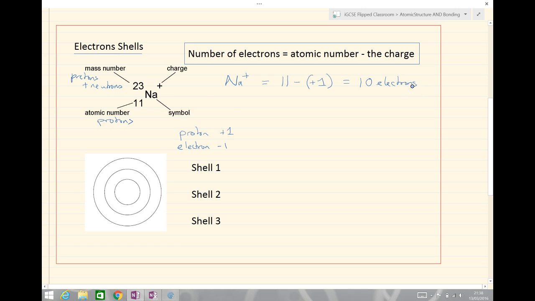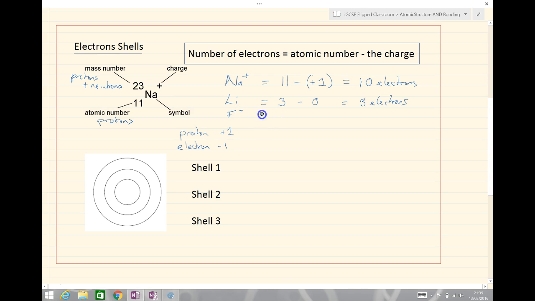Let's give another example. Perhaps let's look at lithium as an atom. Well, this time we'll say lithium has got a proton number, an atomic number of 3. There's 0 charge, so we take away 0. So there would be 3 electrons in that example. Let's take a final example with fluorine, but we'll take a charged example of fluorine, so we'll have fluoride, we've got a 1- charge.